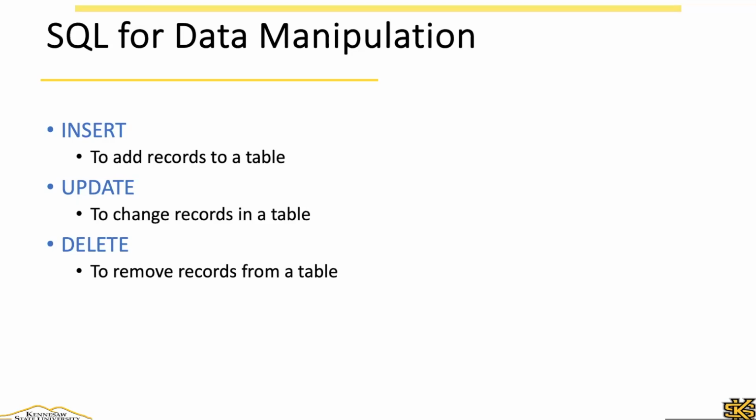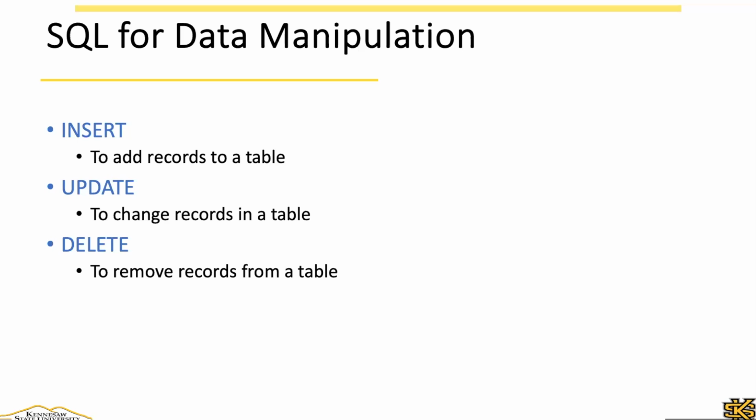The update operation modifies existing records in the table. It can change a specific field based on the condition you define, enabling you to keep the data up to date. And last but not least, delete. This one removes records from the table based on certain conditions.